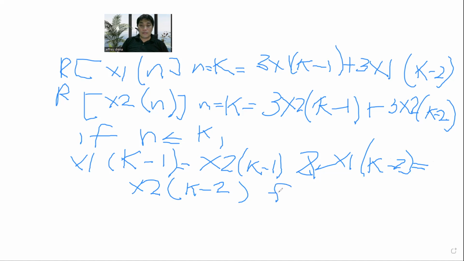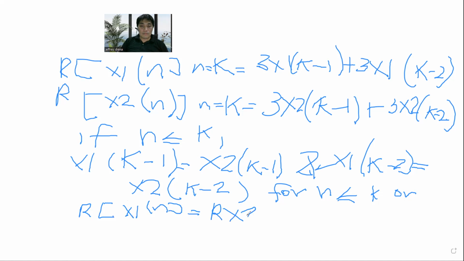So for n less than or equal to k, r(k-1, x1 multiplied by n) is equal to r(x2 times n).